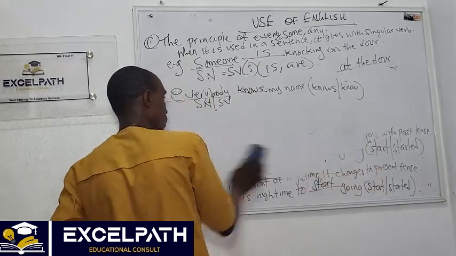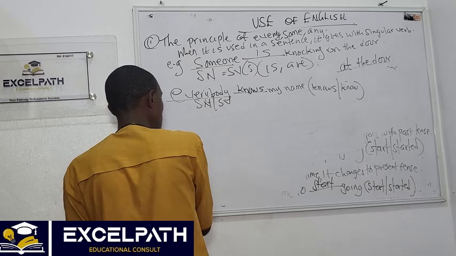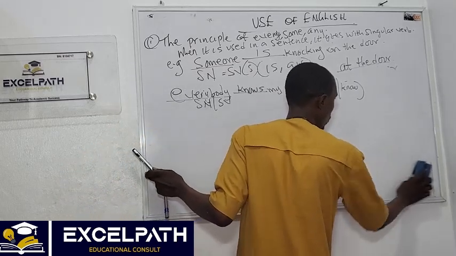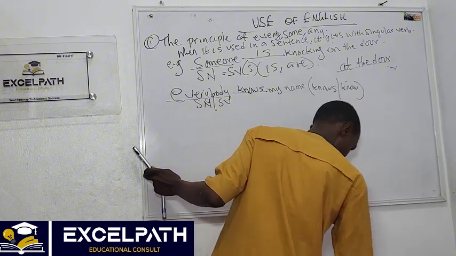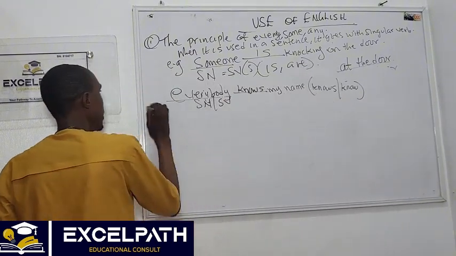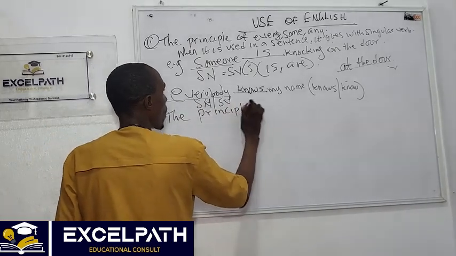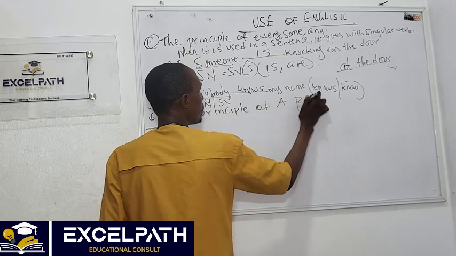So all these are principles that you need to know. They are principles that you need to what? To know. Then the next principle is the principle of a pair.